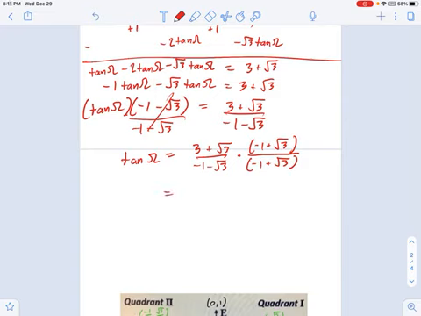Okay, well, let's work on what this is. On the top, I'm just going to FOIL here. I'm not going to show all the steps. I get negative 3. That's the first terms. The outer terms gives me plus radical 3. Oh, no, plus 3 radical 3. And then minus radical 3.